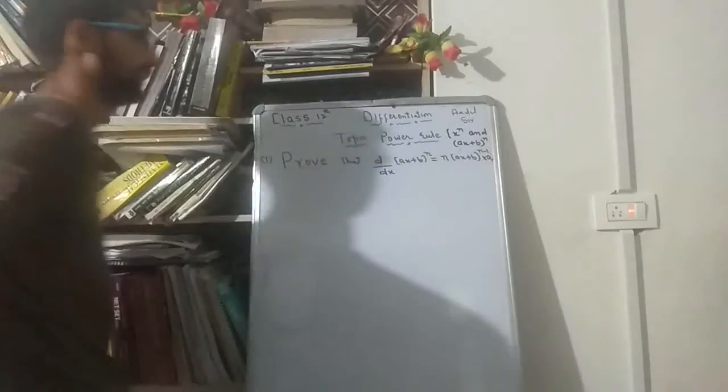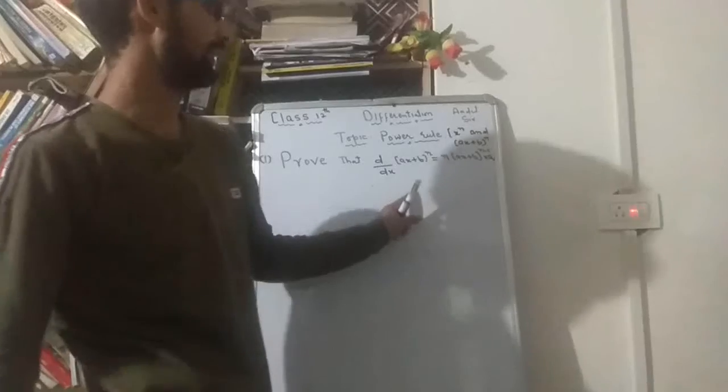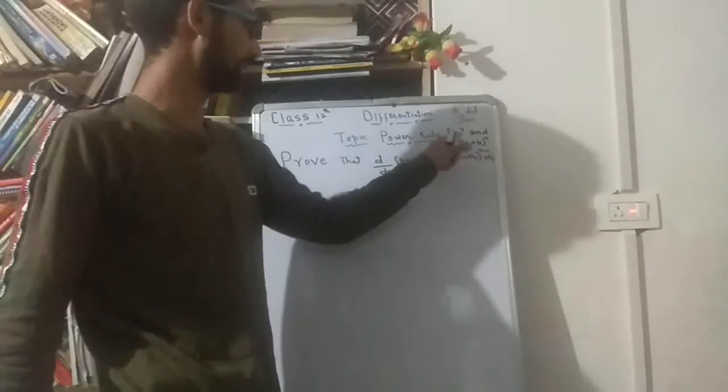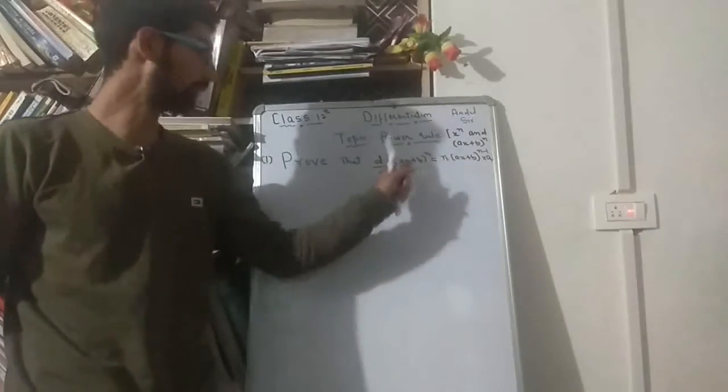This is actually the general result, and from this result you can make the first one, x raised to n, as a corollary. You can derive that result from this result also. So we will solve this one.